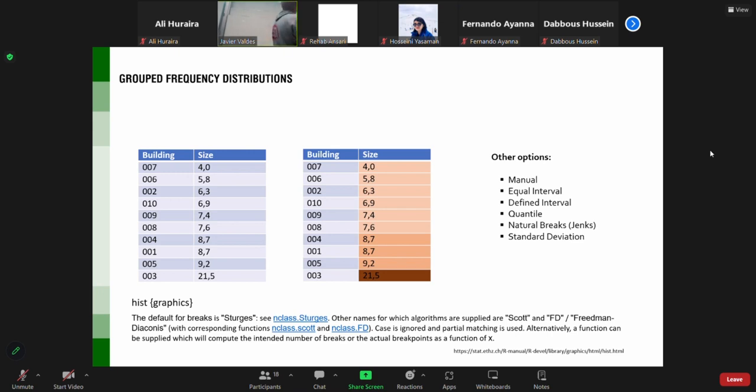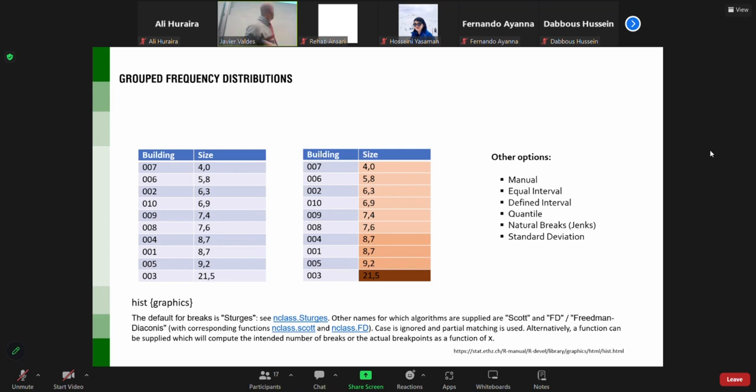You can also use the natural breaks, which is the default for breaks in the hist function in R. We are going to look into it because that will be our introduction to standard deviations, arrays, and clustering. And then the standard deviation. You can also say a group will be based on how many standard deviations we are from the mean.